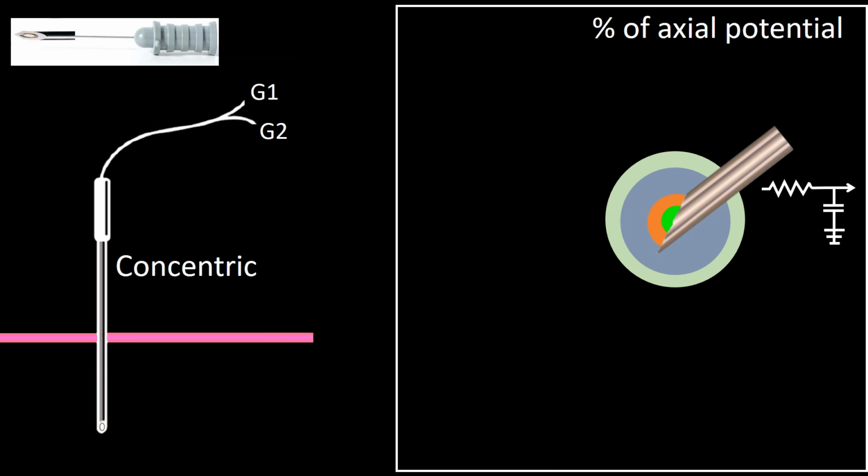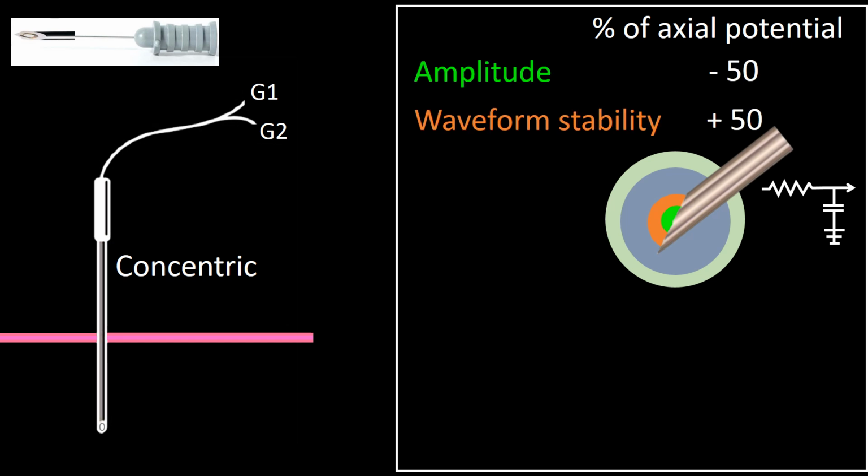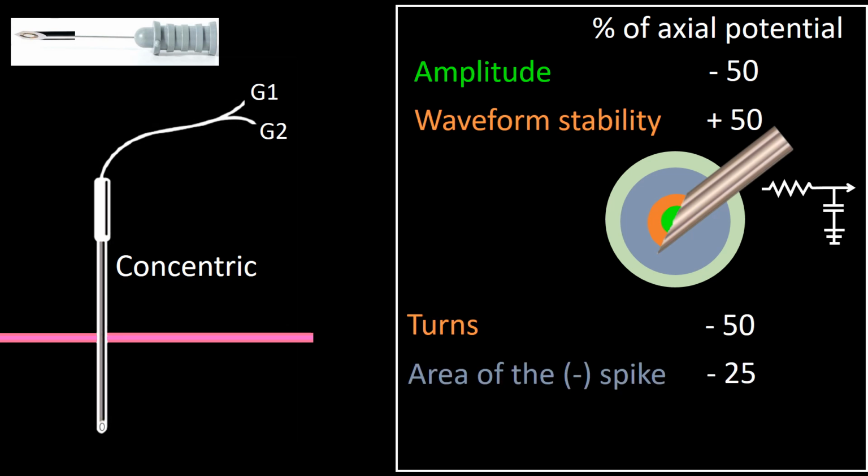Hence, compared with axial needle recorded potentials, the potentials recorded using concentric needles have different characteristics, which I will enumerate in the next few seconds. The amplitude is about 50% less, waveform stability is about 50% more, turns are about 50% less, the area of the negative spike is about 25% less, and the duration, the least affected parameter, is about 10% less.